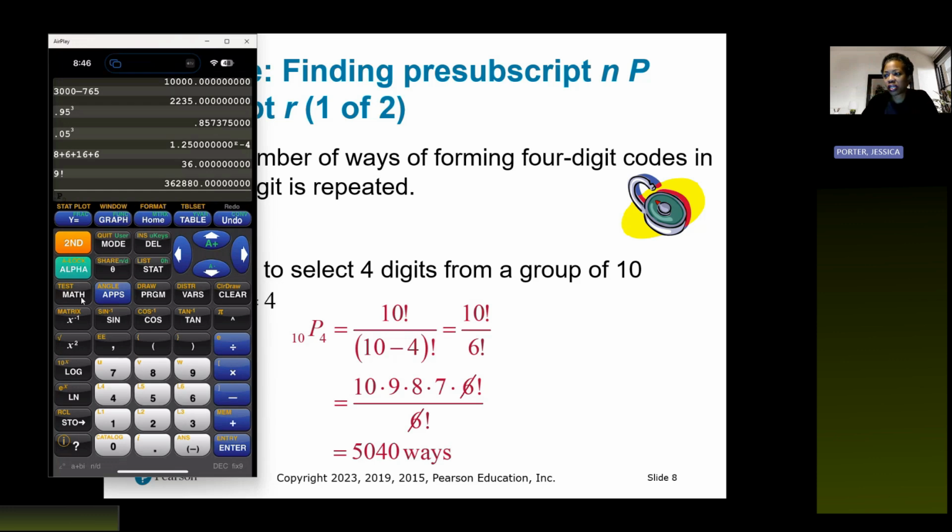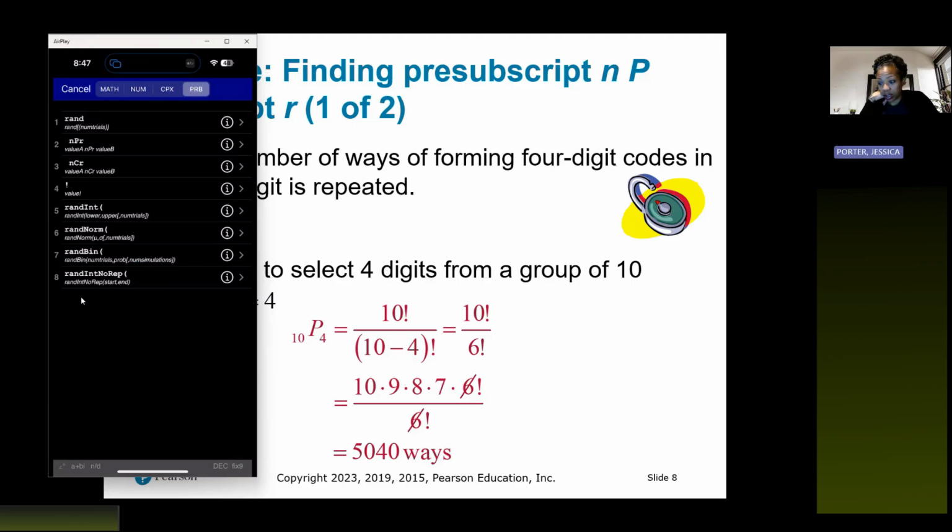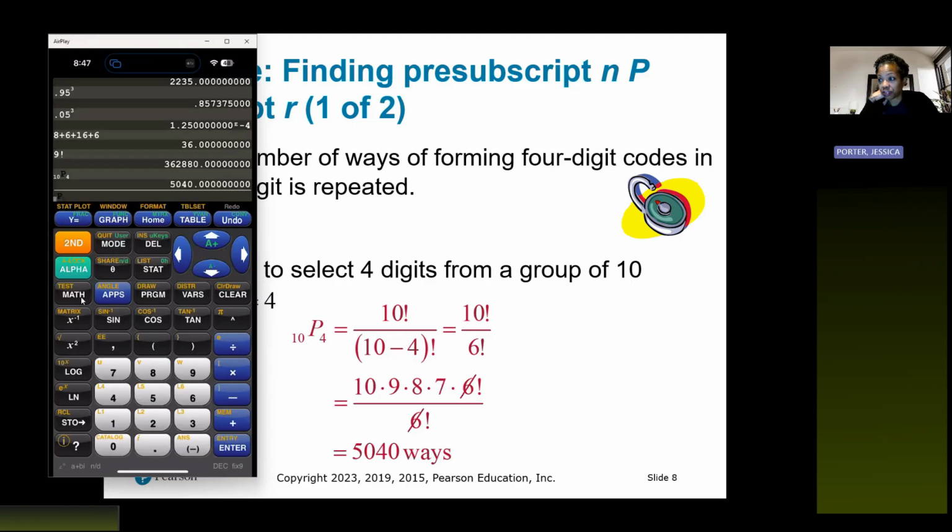That's where I'm going to put the 10, and the other spot is where I'm going to put the 4. And I get 5,040. So math, PRB, nPr, and then you fill in the 2 numbers.